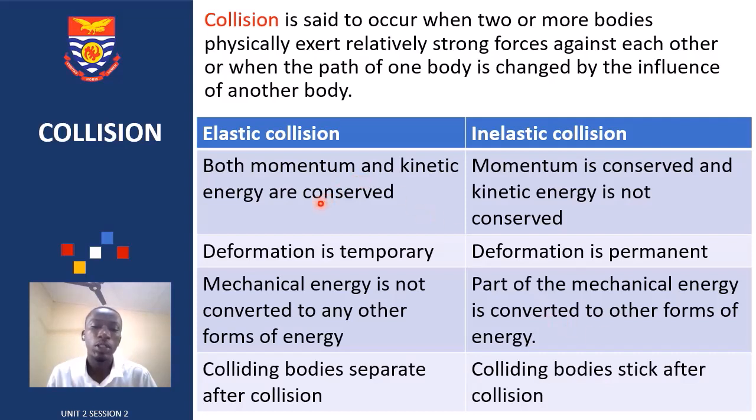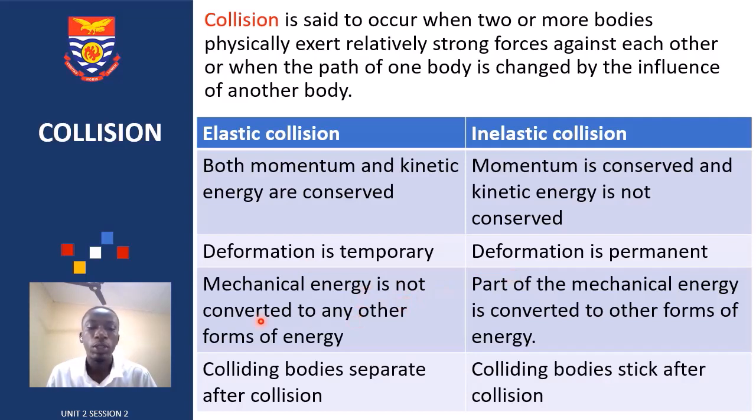1. For the elastic collision, both momentum and kinetic energy are conserved. Likewise, for the inelastic collision, it's only momentum that is conserved, but we don't have kinetic energy being conserved. For the elastic collision, the deformation is what? Is temporary. Unlike the inelastic collision, the deformation is very permanent.